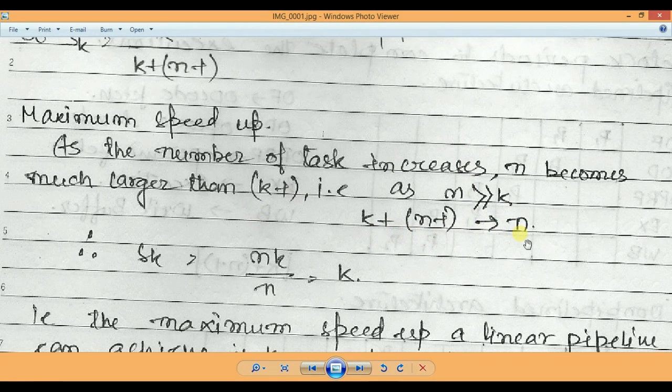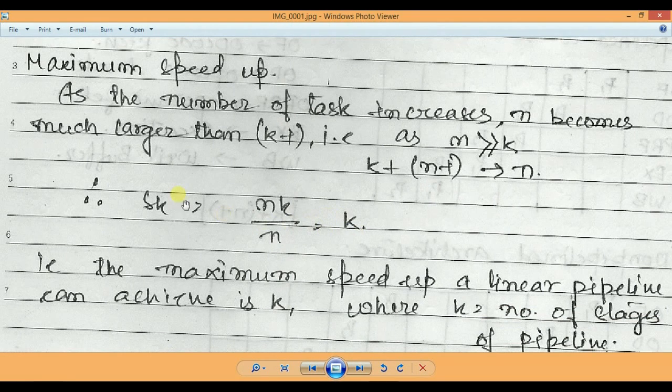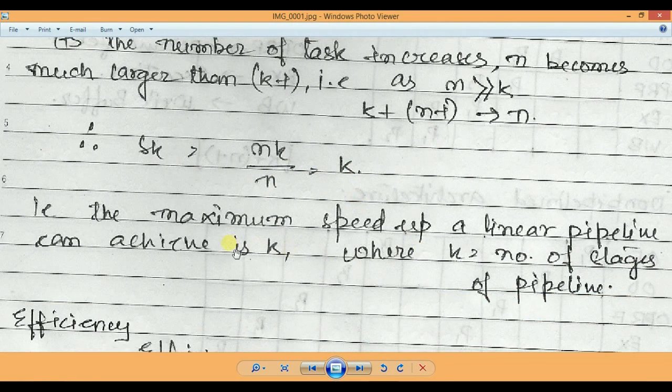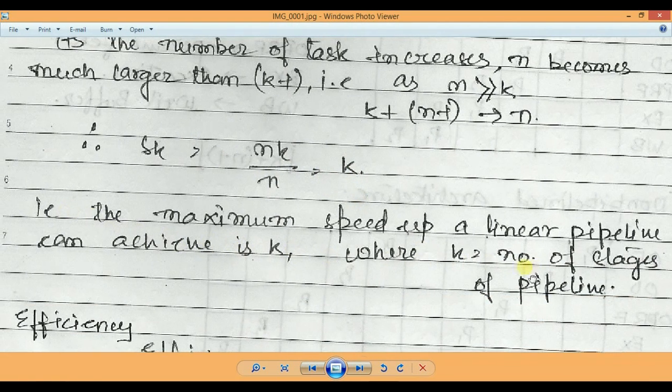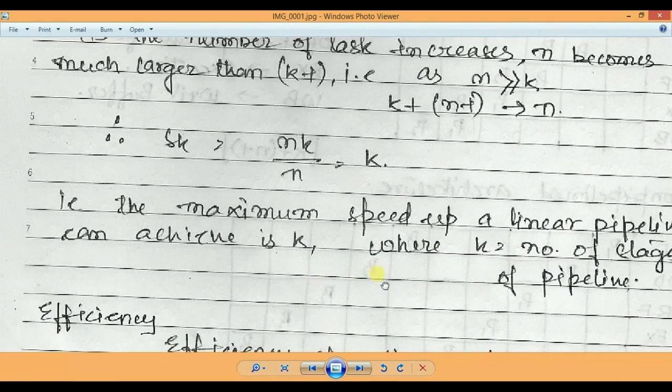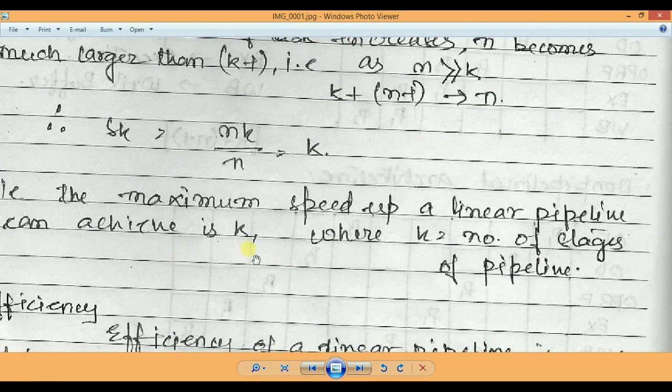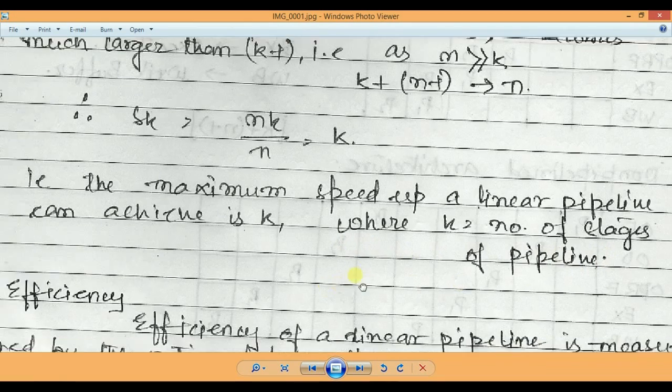So 10,000 plus 5 is 10,005, which is almost equal to 10,000. So this is k plus n minus 1. So nk divided by n gives k. So speed up is k. That is, the maximum speed up in a linear pipelining that can be achieved is k, where k is the number of stages of pipeline.